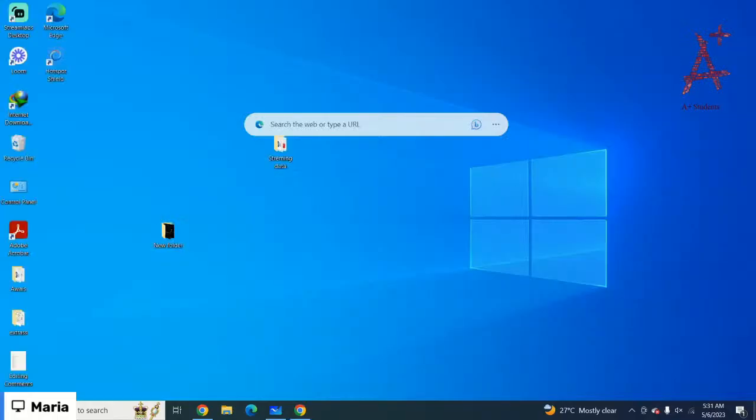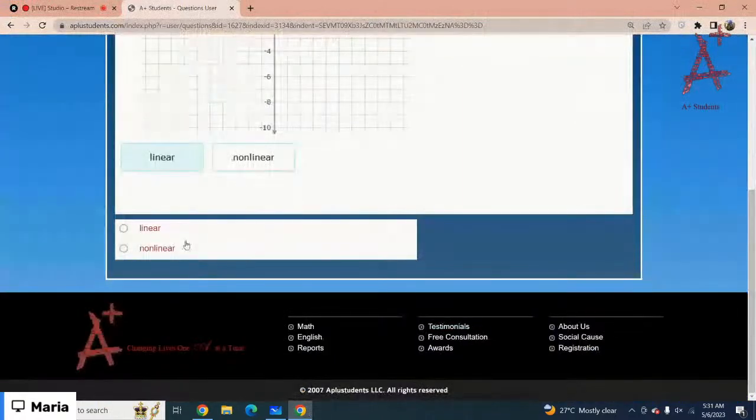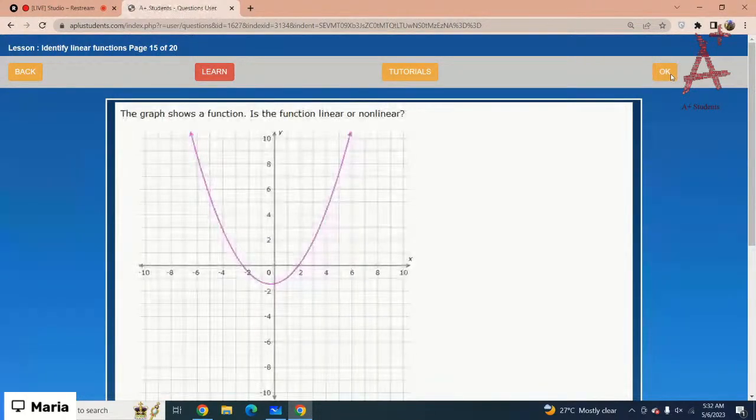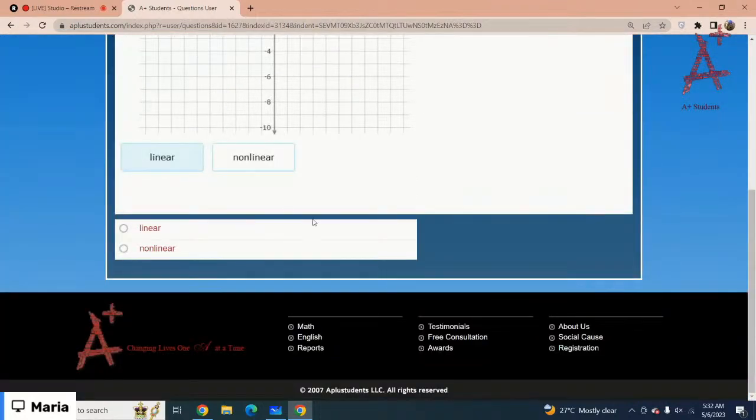It would be the linear function. The graph shows a function. Is the function linear or non-linear? Non-linear it is.